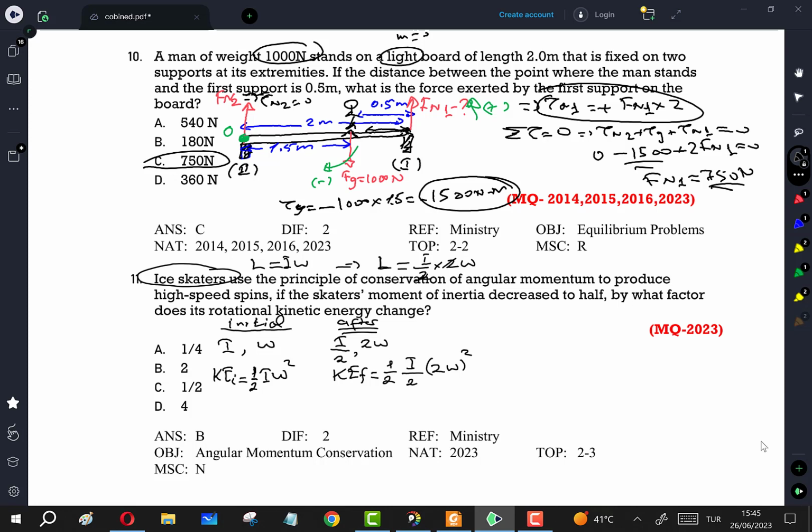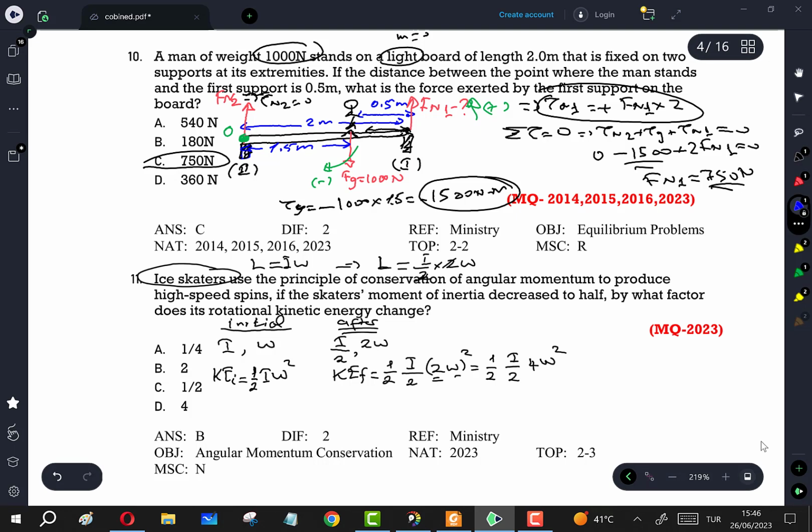So I will continue. 1 over 2, I over 2, I have to square 2 and omega, both of them. The square of 2 is 4, and the square of omega is omega squared. After that, let's simplify this 4 and 2. This is going to be 2.